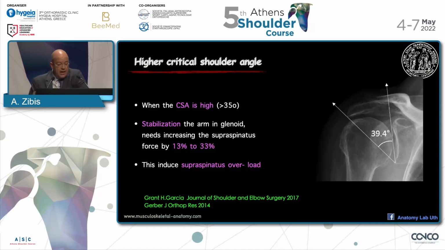When we have a high critical shoulder angle above 35 degrees, then the stabilization of the arm on the glenoid surface needs to increase the supraspinatus forces by 13 to 33% in each case. This induces supraspinatus overload.